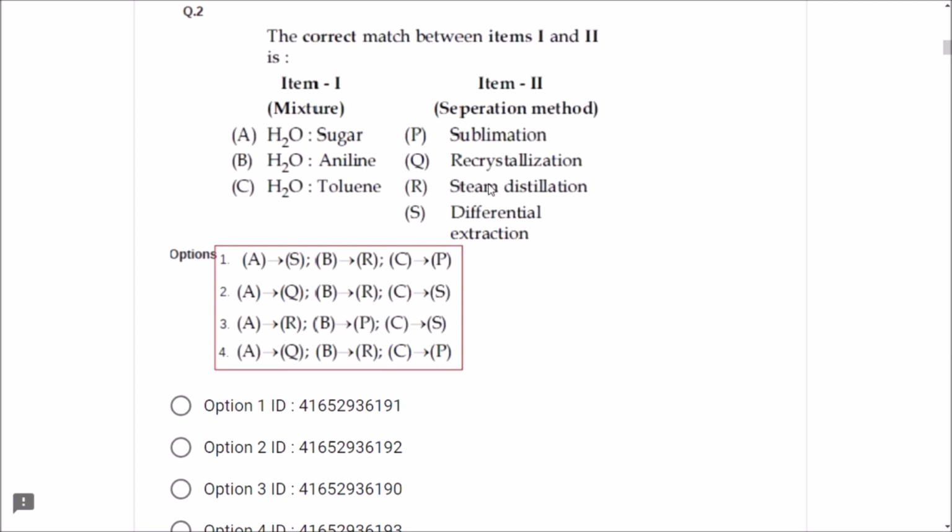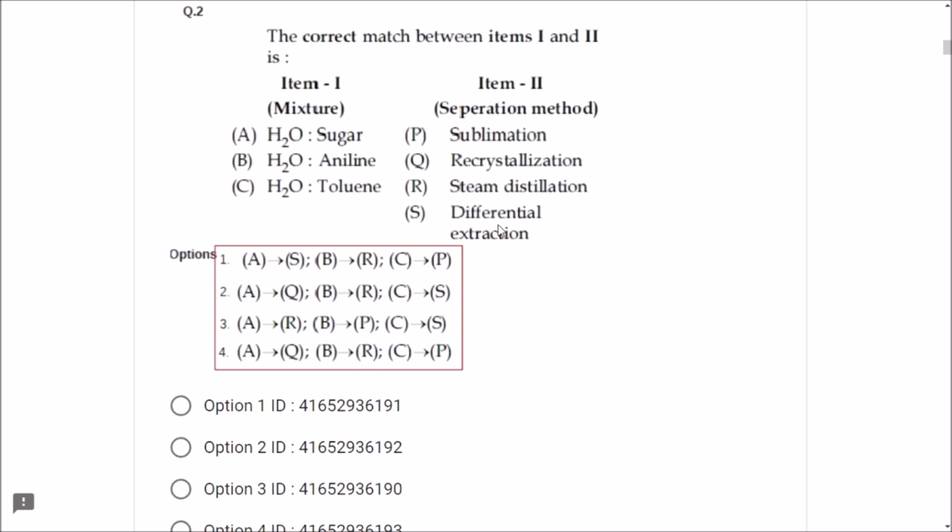A belongs to Q. That means A gives Q. Water sugar, yes. In the options, option number 2 and option number 4 show AQ. Let us see the remaining. Aniline. The water aniline mixture can be separated by steam distillation. So AQ and BR. Option number 2 and 4 both show AQ and BR. The remaining is water and toluene.